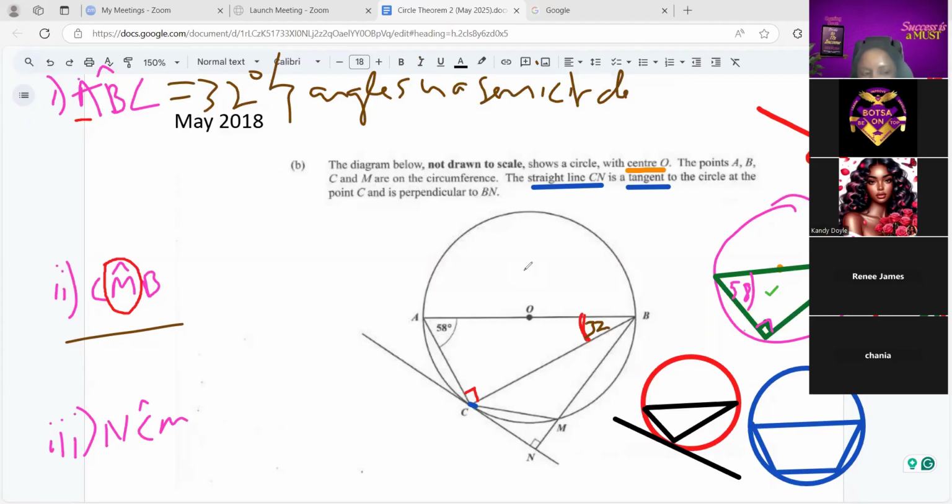So to find angle CMB, where is C? C is there, M is here, B is here. So you could do this to make sure that you are finding the correct angle at M because there is more than one angle at M. So the angle that we really need to find, the correct one, is this one.